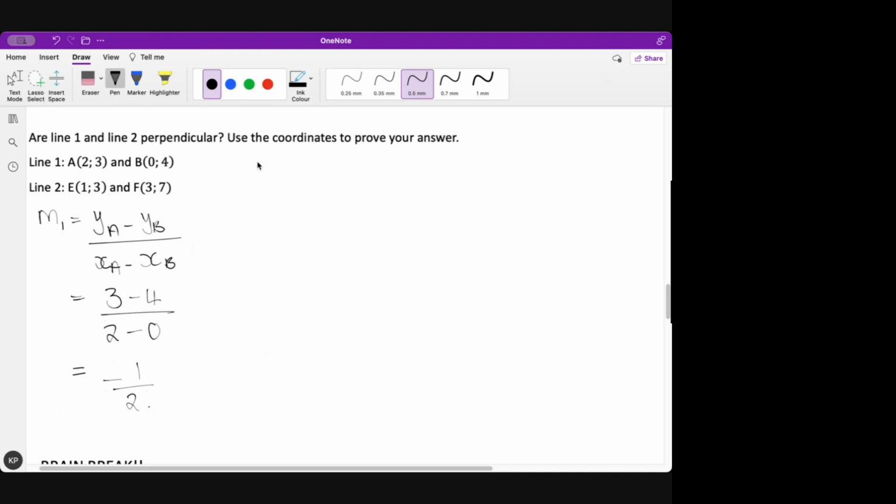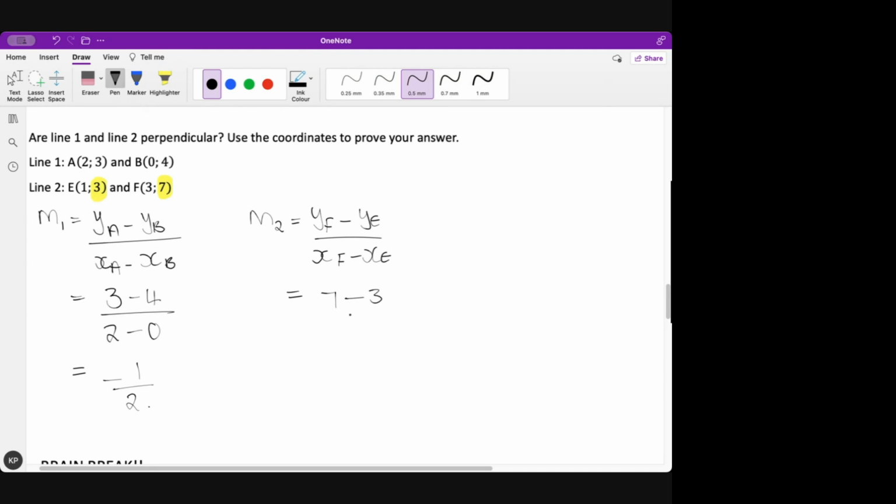Okay, and now we move on to the gradient of line 2. So that would be the y coordinate of point F minus the y coordinate of point E, divided by the x coordinate of point F minus the x coordinate of point E. And this will give us, let's check, y coordinate of F is 7 minus y coordinate of E is 3.